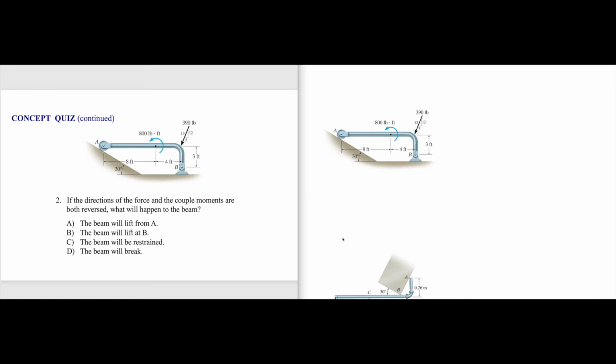Because there is no support in a free body diagram, we have to express support with respect to reaction forces. So we will not draw this ground here, but we will replace this ground with a reaction force that is perpendicular to the ground. And at B, we have Bx and we have By.